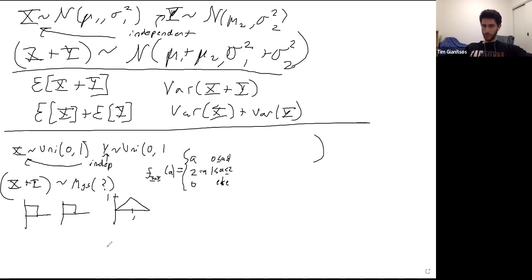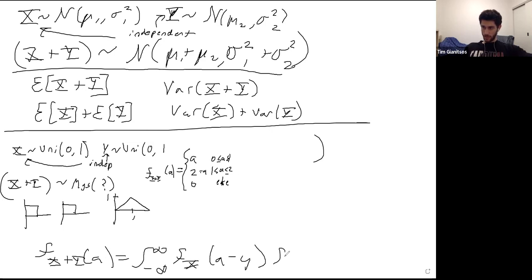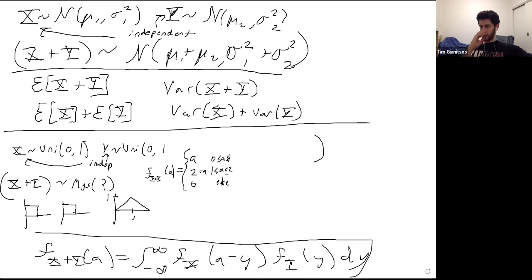The general form is something like this: f of x plus y at a equals the integral from negative infinity to infinity of f of x at a minus y, times f of y, dy. This is the general form, and it's called a convolution. The convolution is a way of summing random variables when you know that they're independent.